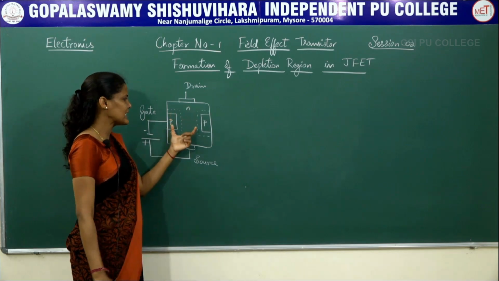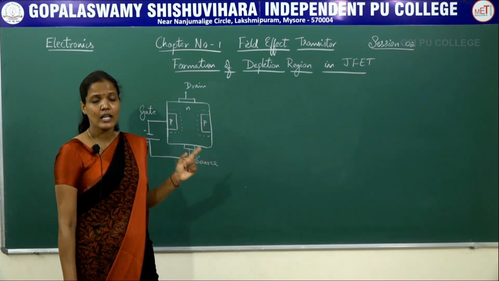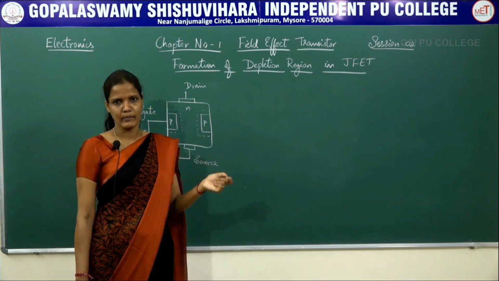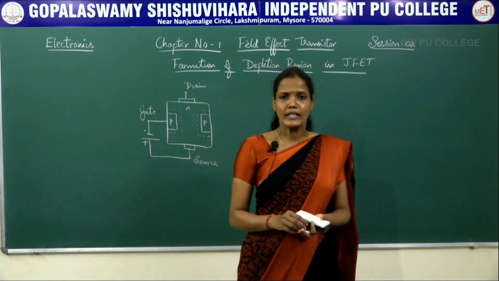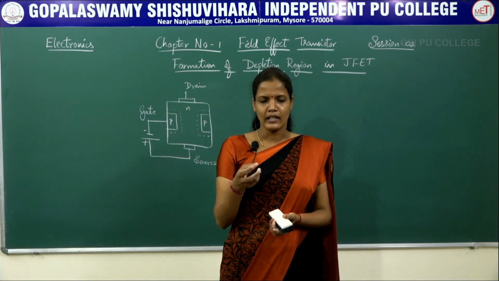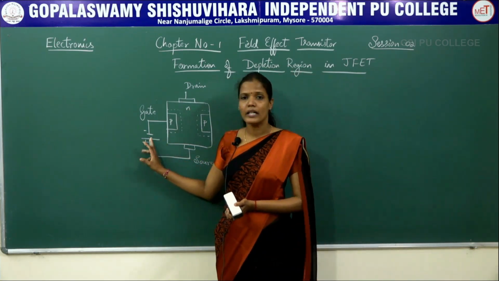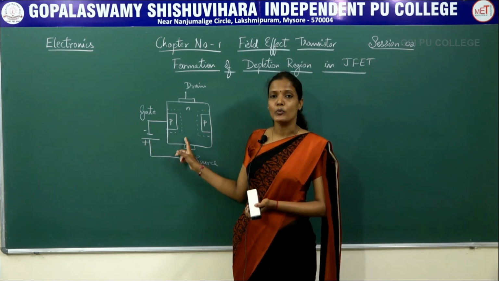But here in this JFET, the P layers, or the p-type semiconductors, are heavily doped compared to the n-type semiconductor. So what happens to the depletion region? Its width depends not only on the external voltage I am applying, it also depends upon the doping levels.